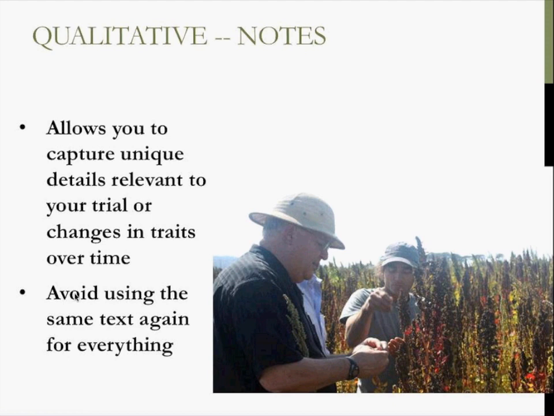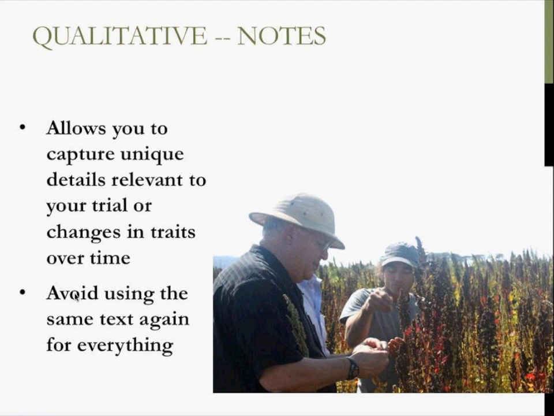It's hard to remember when you're not in front of a plot what it actually looked like, so writing down your impressions can be really important to interpreting the rest of the data if you're using measurements or rankings or scoring. You can also do a trial where you just take qualitative notes. In a screening trial, when you're trying to decide which ones to continue, you might just write down the good traits and the bad traits about particular varieties, and then they might go into a more detailed trial the next year.